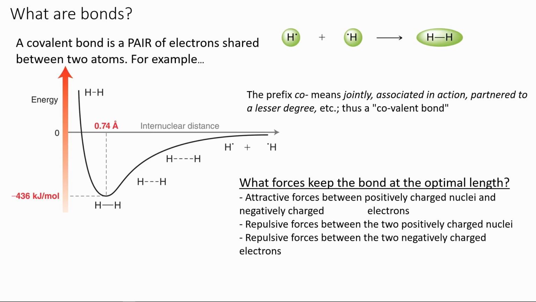So we have an attraction between the positive and negative forces, which pulls the 2 atoms together. At some distance, for hydrogen that's 0.74 angstroms, we have the most stable version of that molecule. The amount of energy is the lowest at this point.